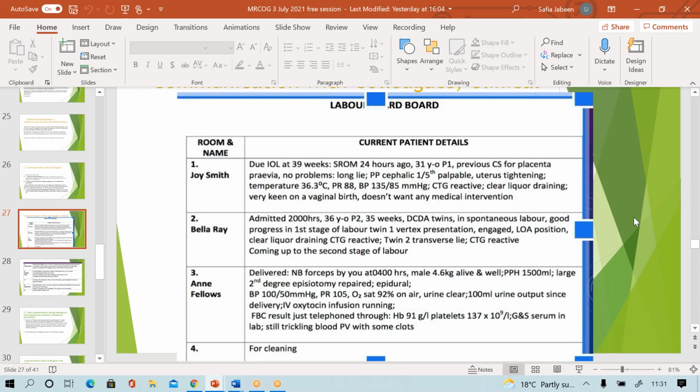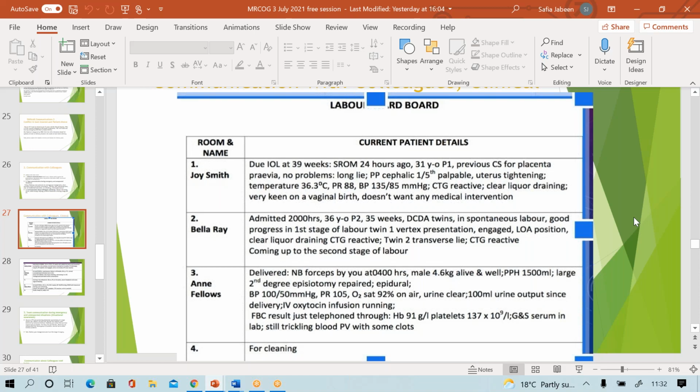I don't know whether all this information was really given on the board, or whether the person who later reflected on the station added it. Usually the labor ward board does not have this much information, just some bullet points, to catch that this patient is there and the most significant risk factors. So in the exam, you may not have all this information given to you.